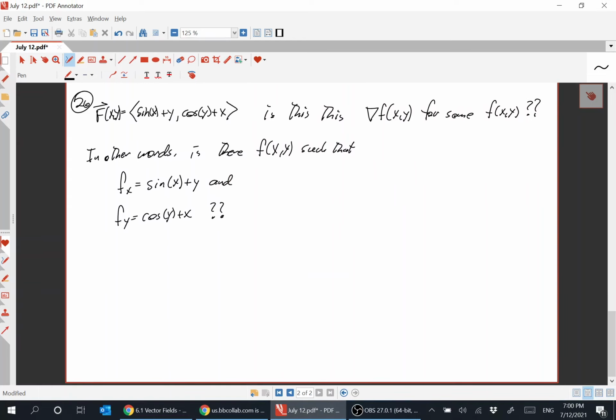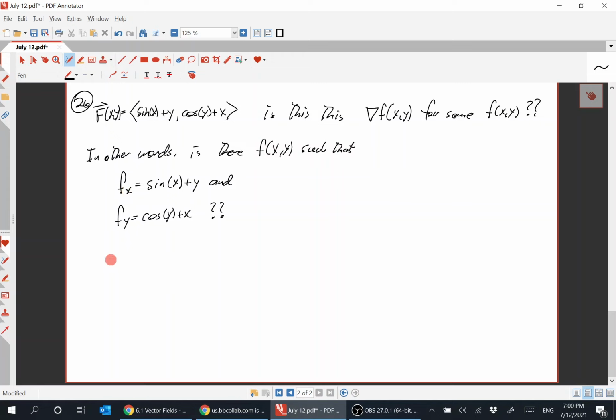Okay, well, let's try to find it. That's the most direct way of doing it. Is it a gradient field? Well, let's give it a try and find it.